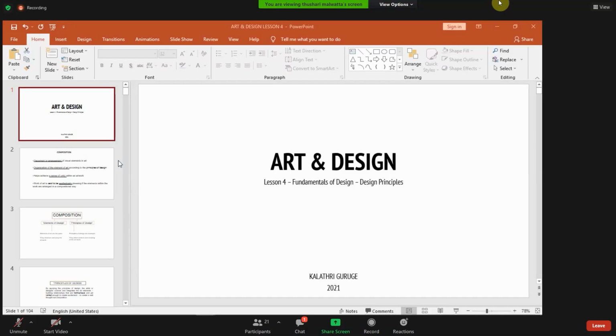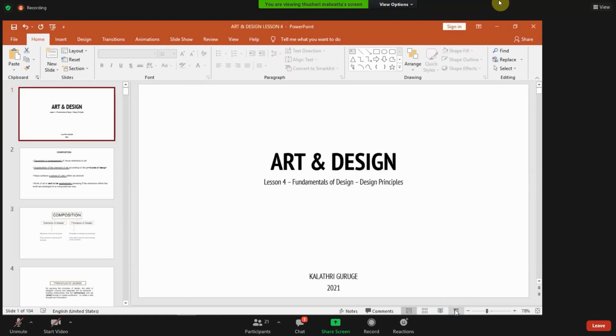Now, today we are learning about design principles and how to compose an image or an artwork in a visually appealing way.